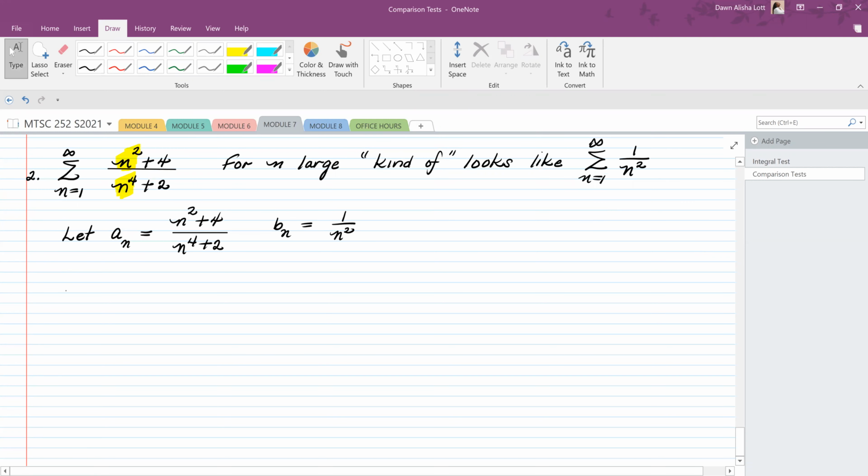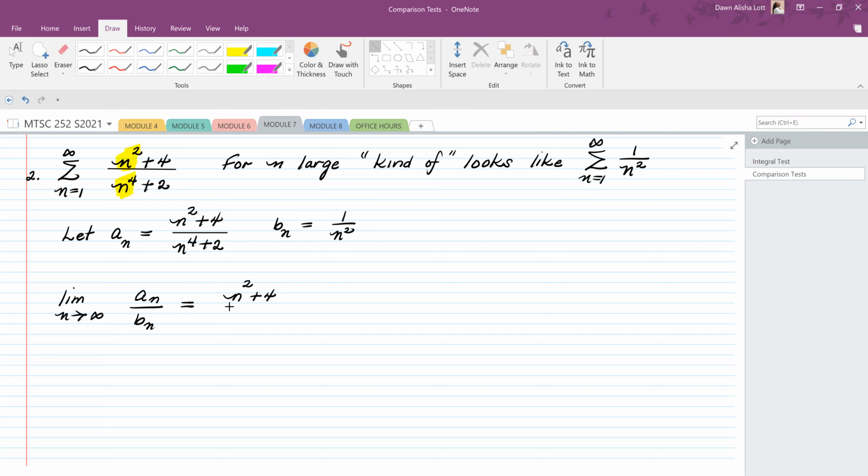So now we get the limit as n approaches infinity of a_n over b_n. I'm going to take n squared plus 4 over n to the 4th plus 2, and divide by 1 over n squared, which means I'm going to multiply by n squared.